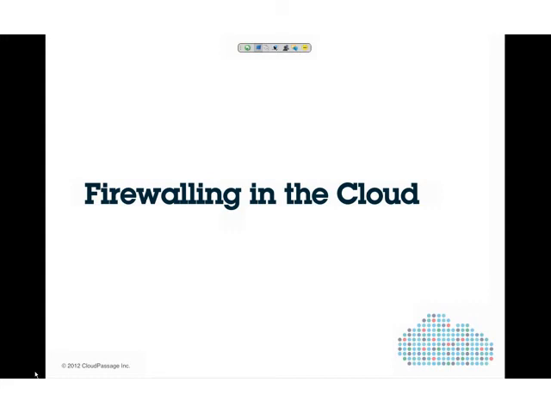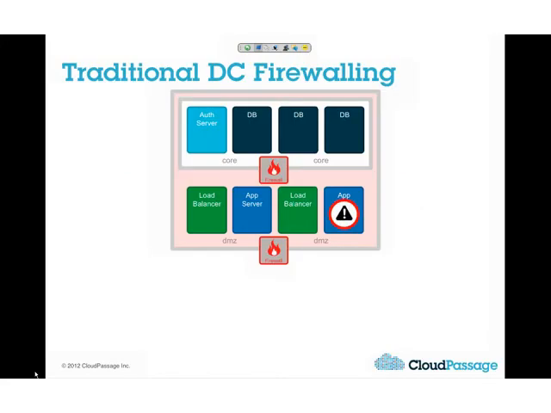So let's talk a little bit technically, get a little bit into detail about firewalling in the cloud and talk about why it's so different than in a traditional private data center. In a traditional private data center, you usually have not just one, but multiple layers of firewalls and perimeter defenses that are protecting internet-facing services from core data hosting and application hosting services internally.